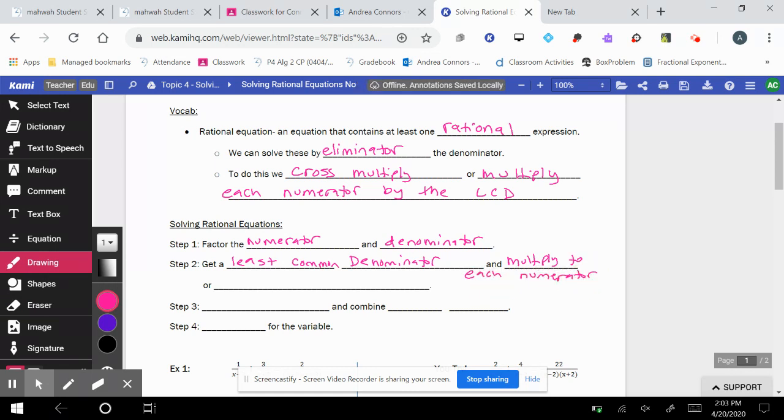Or if the two fractions are equal to each other, you can just cross multiply. Step 3 is to combine like terms and simplify. And step 4 is just solve for x, solve for the variable.